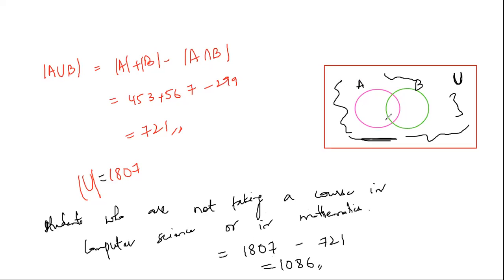So these are the number of students who are not taking a course in computer science or in mathematics. They are taking a course in some other subject. Okay, so this is the solution for your question.